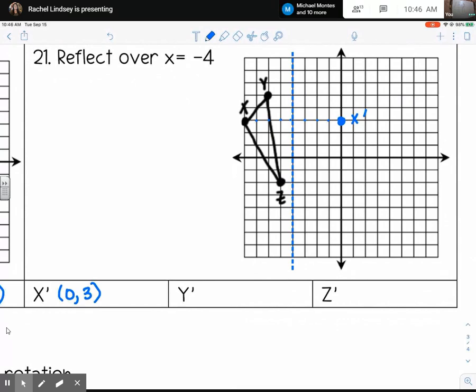Y prime, 2 to the right. And that's at (negative 2, positive 5). Z is 1 to the left, Z prime is 1 to the right. So Z prime is at (negative 3, negative 2).